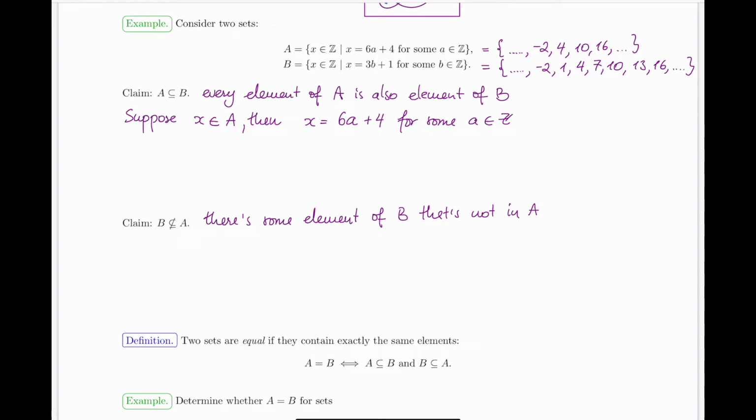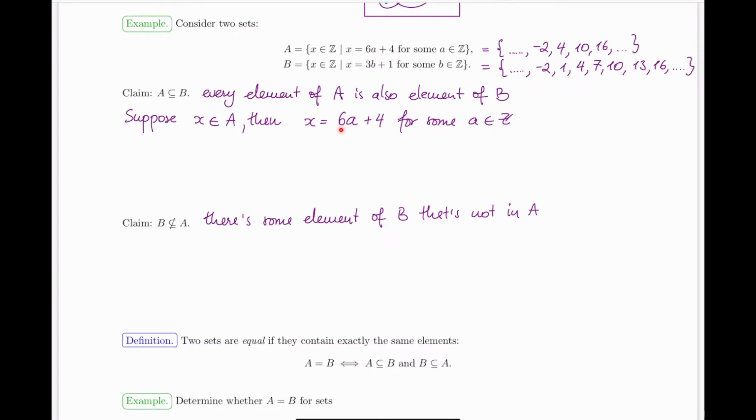Now, keeping my eyes on the ball here, if I am to prove that X is also in B, I need to write X in this format, which is what all of the integers in B look like. So, can I somehow manipulate this expression into being 3 times something plus 1?